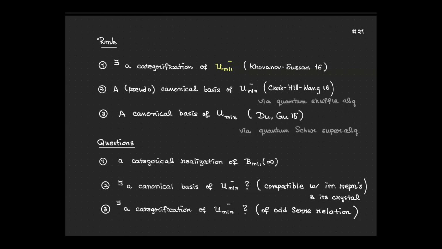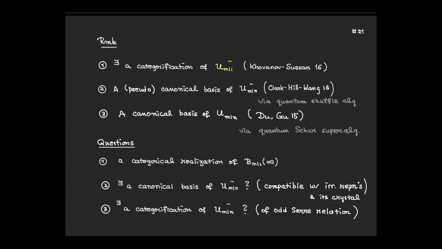So now I still have 10 minutes. Okay, so I will give some remarks before stopping this talk. So first, for the Kac-Moody algebra, there is a categorification of the negative part of the quantum group using the quiver Hecke algebra.